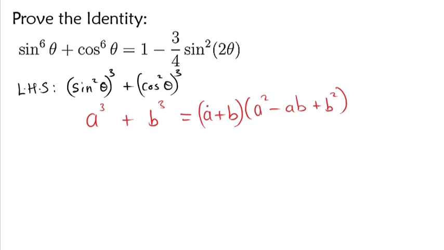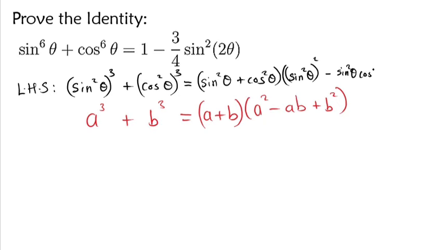So in this case, let's replace a with sine square and replace b with cos square. So this will be equal to sine square plus cos square. That's the first bracket. Then we have a squared, that is sine squared, minus ab. ab is sine square times cos square.